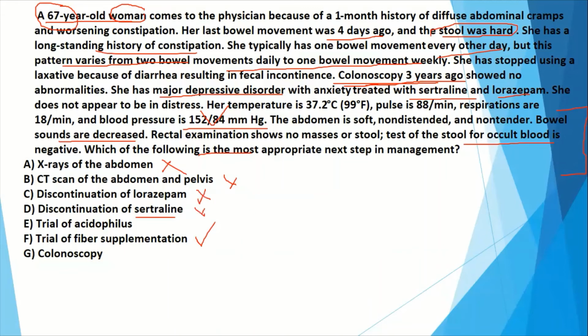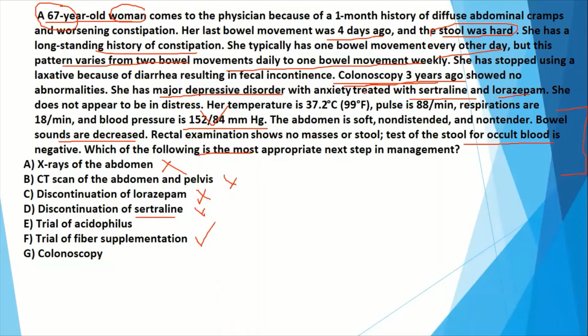You can exclude them. Then trial of acidophilus. Acidophilus is basically a probiotic, which you can say is a friendly bacteria, right? Which are friendly bacteria, and they are helpful. There is a little evidence that they can be used to reduce the symptoms of the diarrhea, but these are not the first line agent.